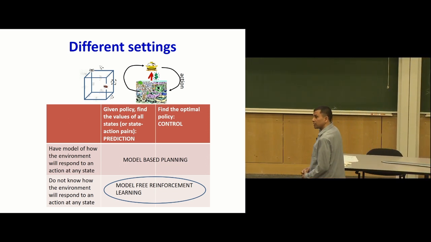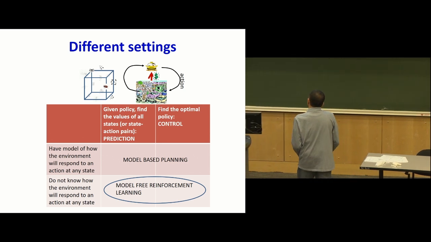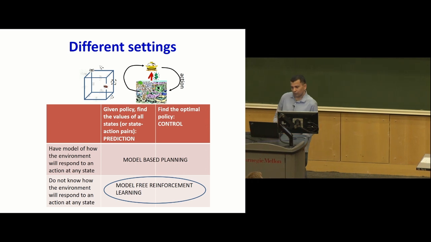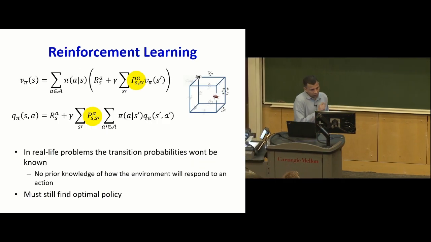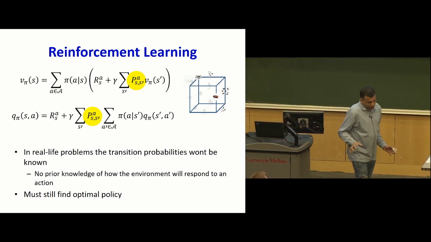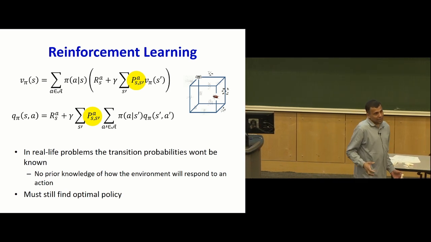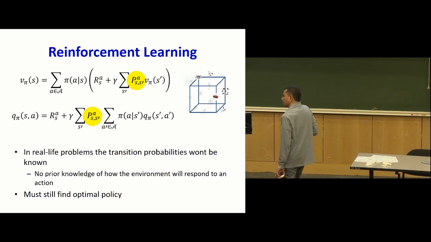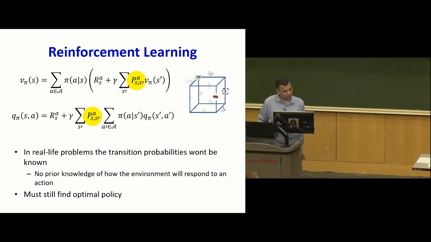Now this is the more typical situation in real life: you take an action, the environment responds, and you have no idea how it's going to respond, right? So going back to our Bellman equations, what this meant is that although we know what actions we can take, and we may even be aware of what kinds of states the system has, what we don't know are those terms highlighted in yellow, which means it's quite impossible for us to learn either the state value function or the action value function.